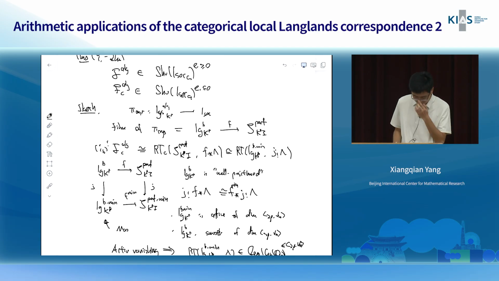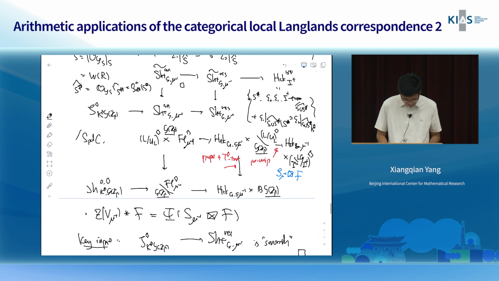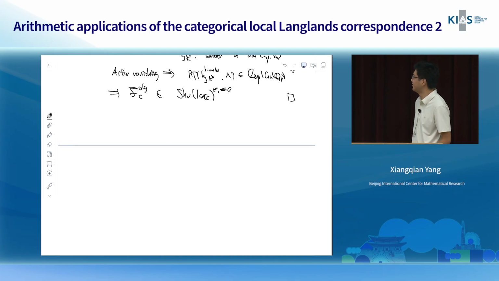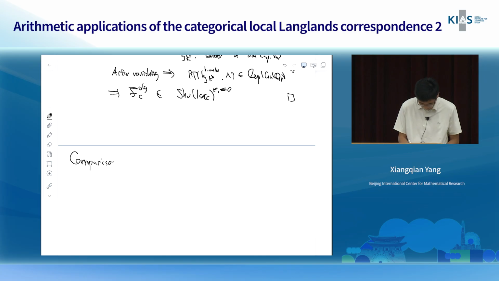Now that we have two versions of local-global compatibilities that have exactly the same form, you may ask if this is really the same formula. And it turns out that there is a comparison between these two formulas.